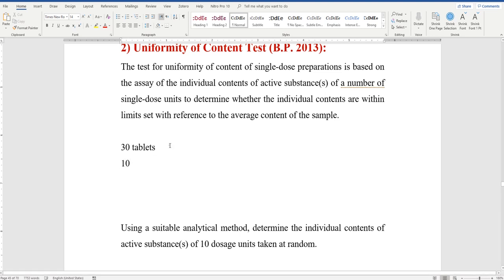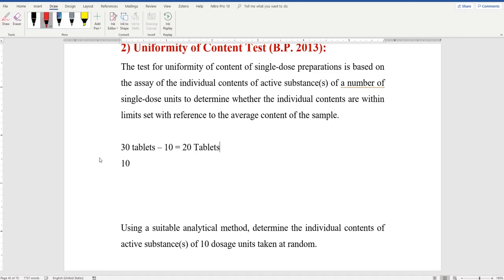So how many remain here? 30 minus 10, you have 20 tablets remaining. Then take each one. So you have how many of them? 10. Okay, take each tablet and analyze it.